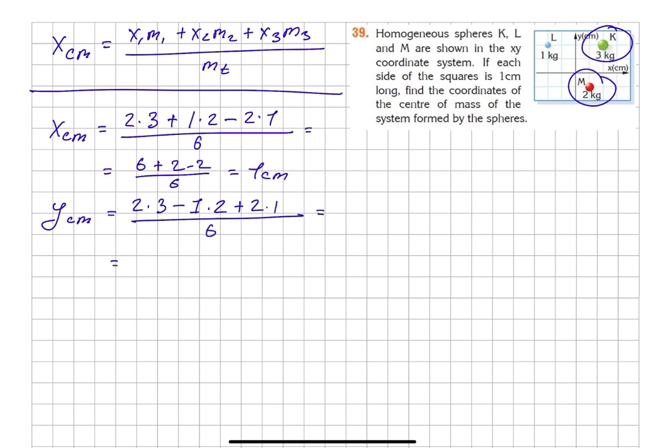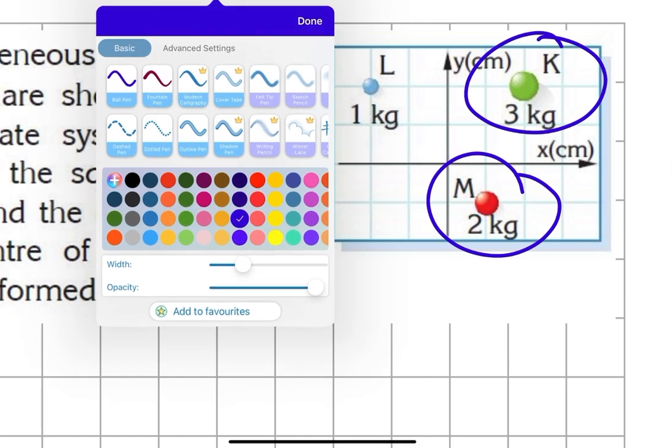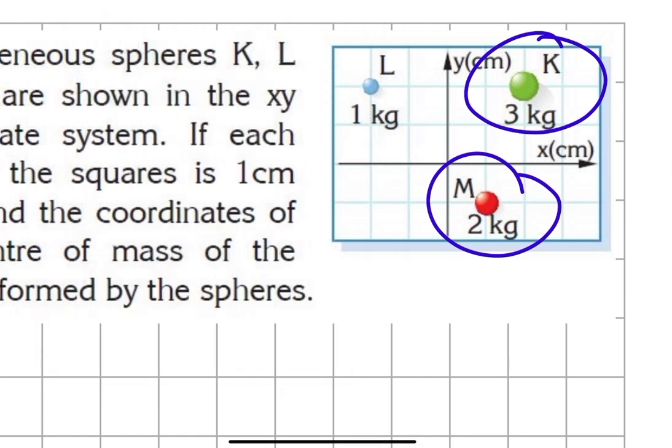It will be equal to 6 minus 2 plus 2 over 6, which is 1 centimeter. So the coordinates of the center of mass will be here, 1 and 1. By x it's this line, and by y it is this line, so the intersection of them will be the center of mass.